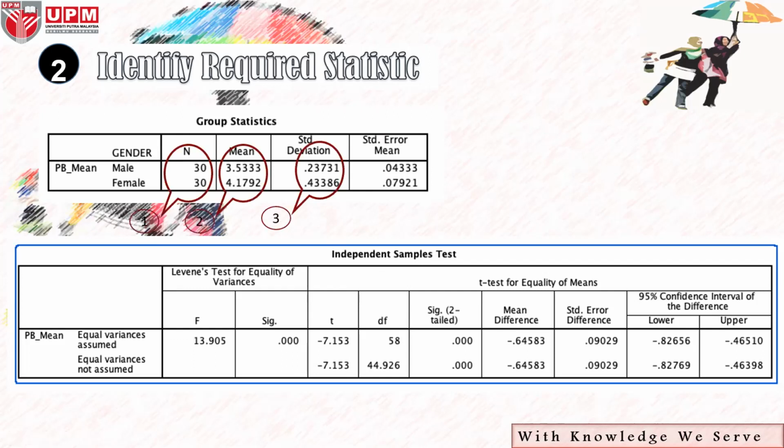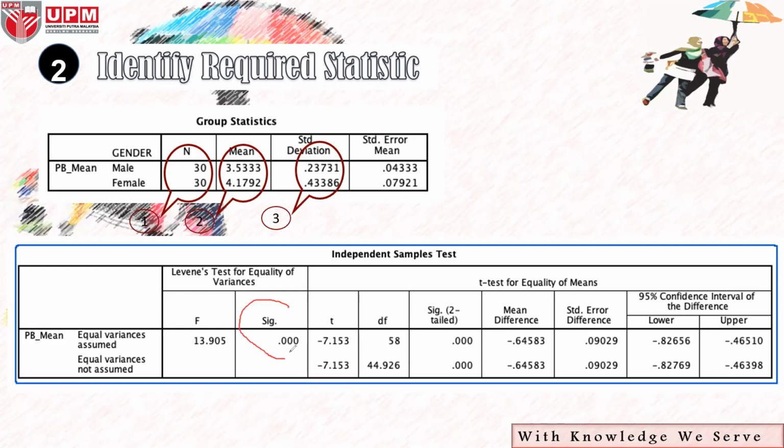Okay, next one. We go to the independent sample test table. Earlier I said that before we are able to choose which one to be reported, we need to refer to the significant F value.